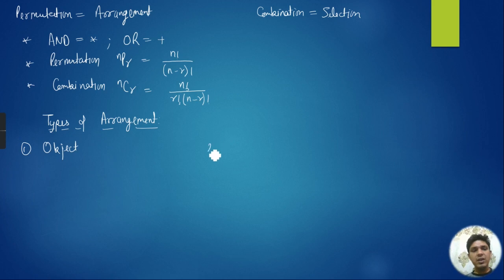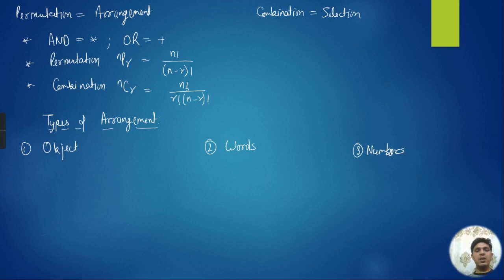So these are the objects. The second thing wherein we can apply arrangement is letters, or we can say words, right? We can arrange the letters in words. Third, we can arrange digits in numbers. So we can apply permutation in objects, words, and numbers.